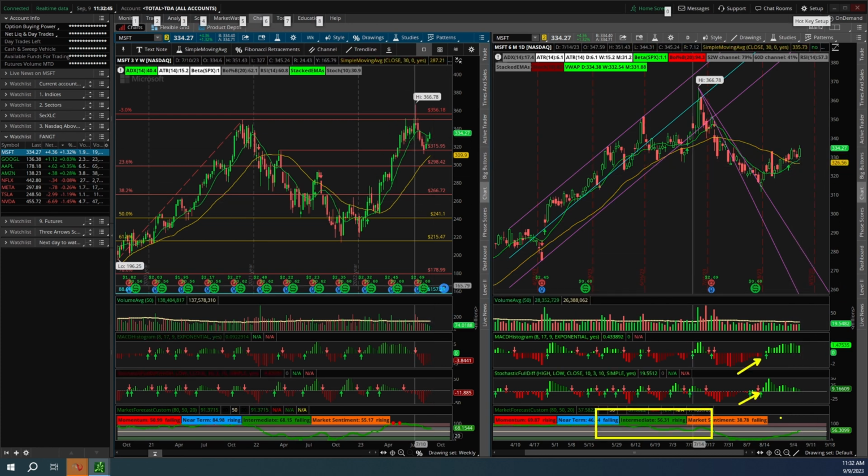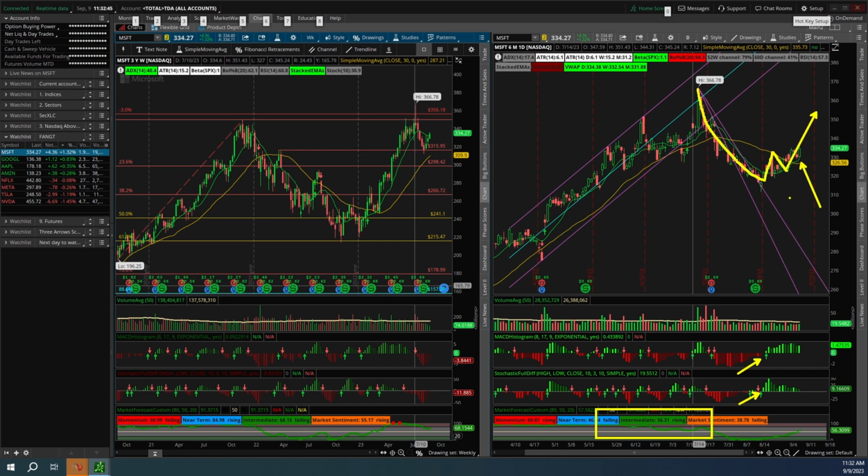So intermediate is rising. We do have MACD and stochastics moving to the upside, and price moving to the upside there. So I would say that this one is screaming a move to the upside. There's a nice retracement here, went there and then came back down, and it seems that it wants to go to the upside.